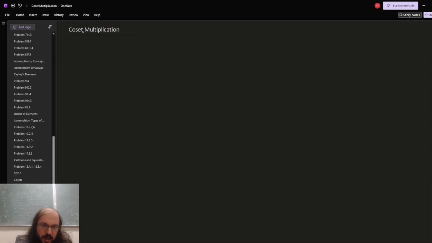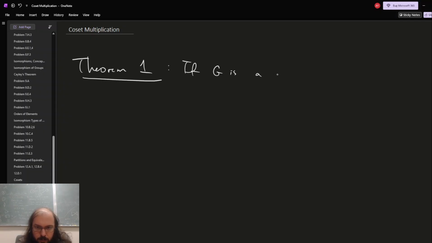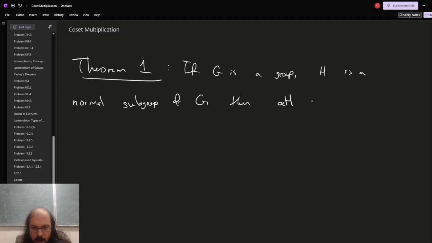And the theorem says, so we'll call this Theorem 1, which says if G is a group and H is a normal subgroup of G, then aH equals Ha for any a.